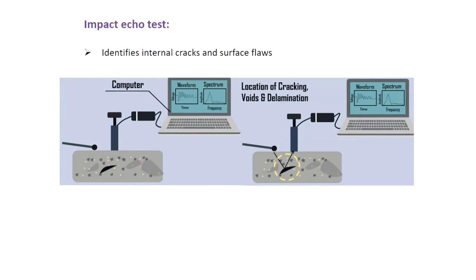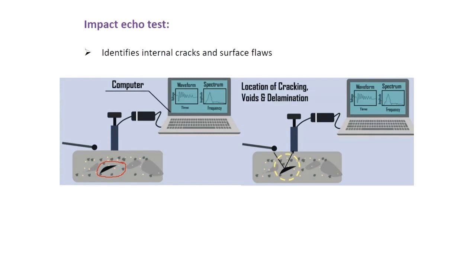For example, let us take this crack which is present in the concrete. What you do is you introduce sound, you make this sound travel through the concrete. So you take some hammer and hit it. By hitting you are generating sound, and that sound is going to travel through the concrete as waves.